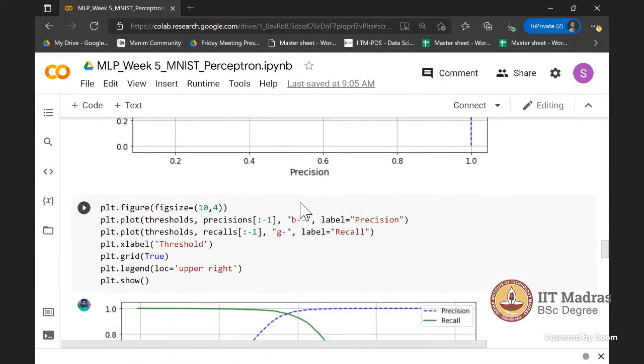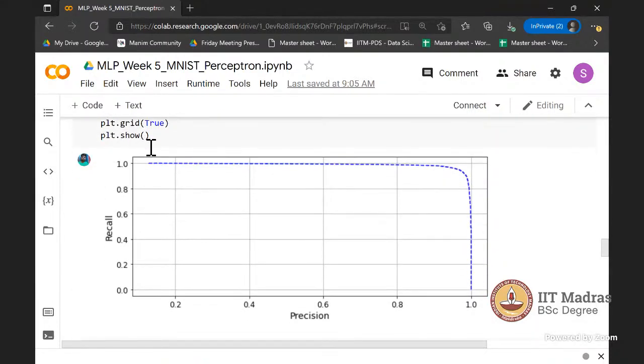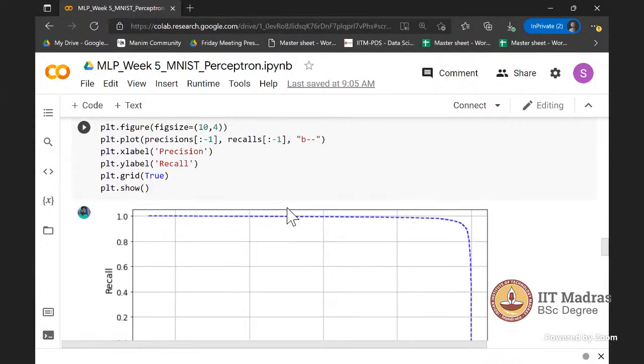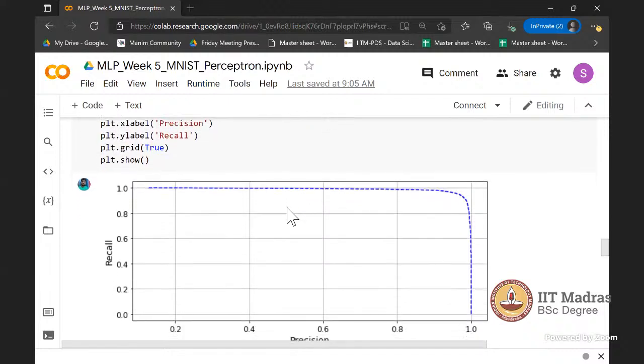Okay. Actually, you are not audible. What did you ask? My question is, how do we create this curve? How do we compute it? So basically, when you get a trained estimator, I calculate the precision and recall, and then plot this.